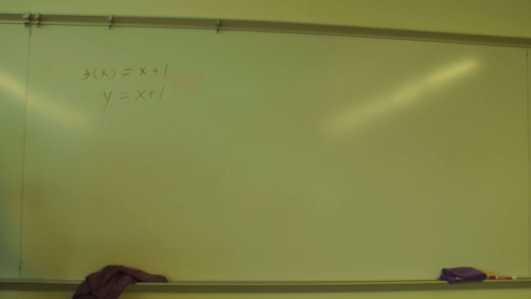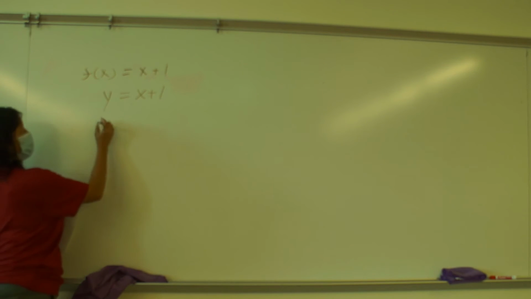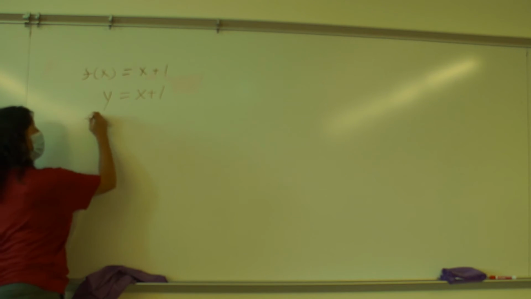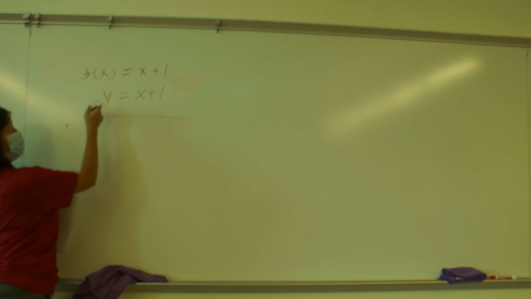Now here's the deal. When I reflect across the x-axis, my y becomes negative y. But you always want to solve for positive y. So what I want, the reflection, so this is my first function, here's my reflection.